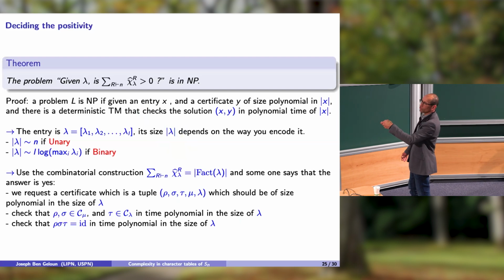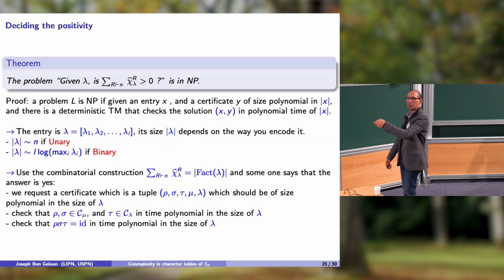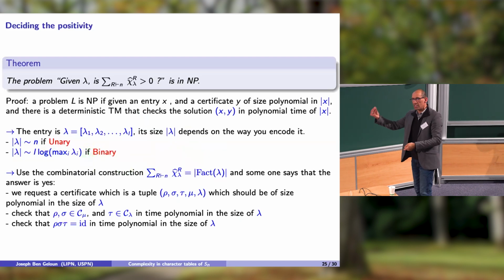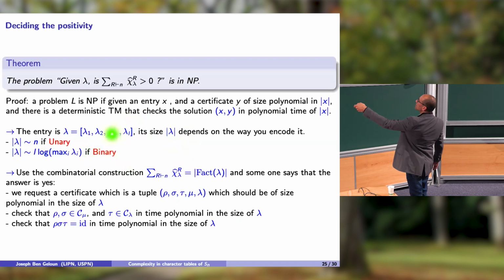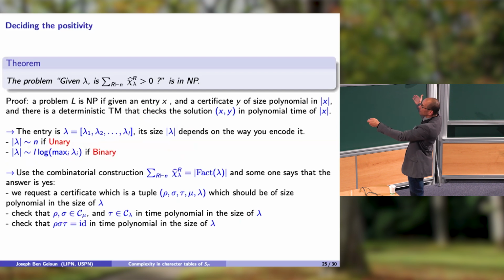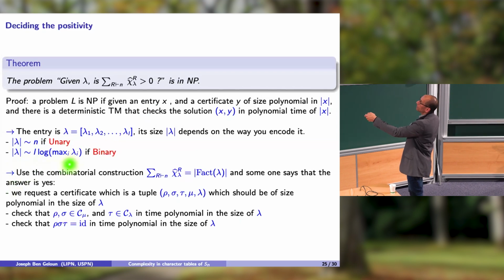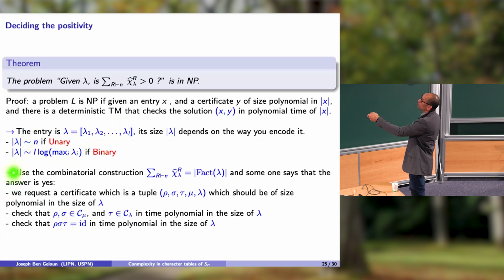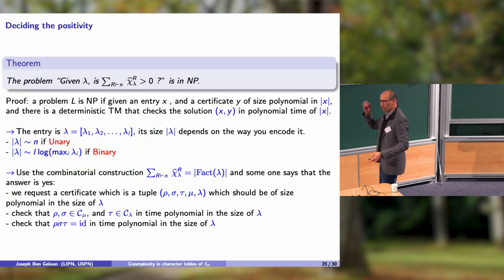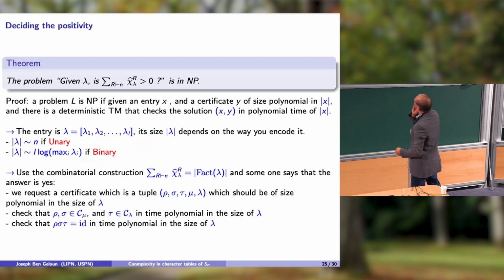If you are encoding in unary, which means each number is itself in encoding, then the size of the partition is n by itself, because you add all the numbers and you end up with n. If you encode in binary, the size of the partition is bounded by the length of the partition times the logarithm of the maximal part of it.